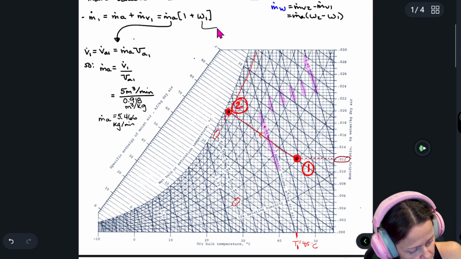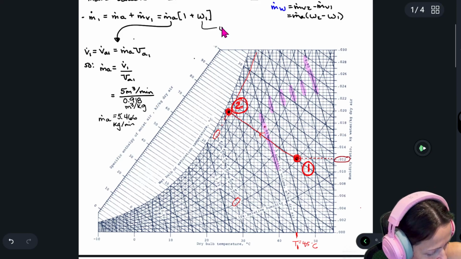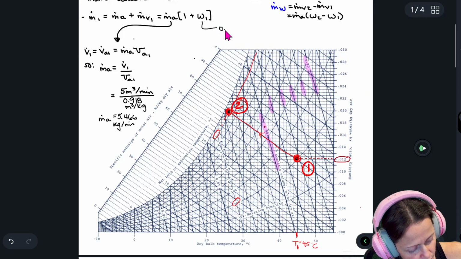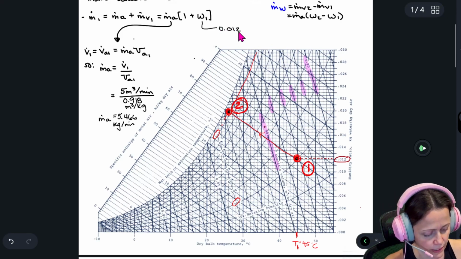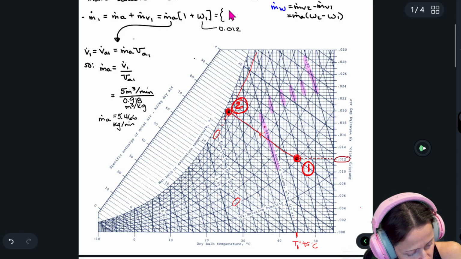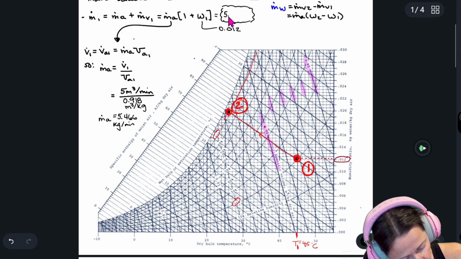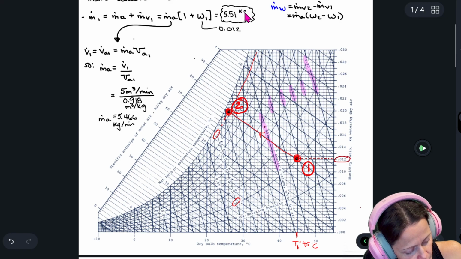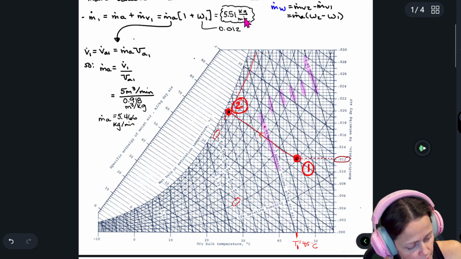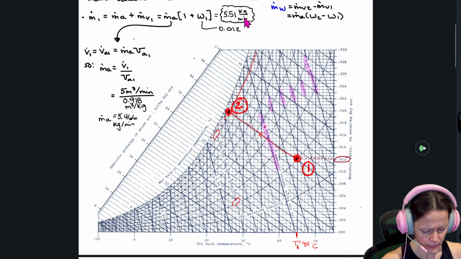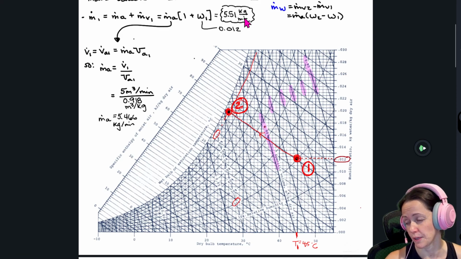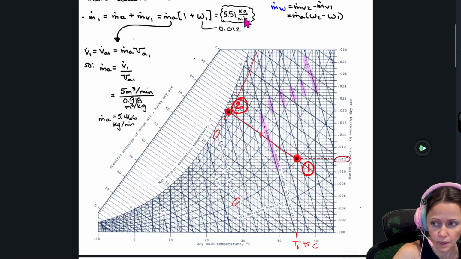And then, of course, this guy, which I was trying to use before, that one's that 0.012. All right, and so our final answer for our mass flow rate, let's see what he ends up being, 5.51. So 5.51, and it's kilograms per minute. Perfect. And then the very last thing is asking for the mass flow rate of that water injected into the evaporative cooler.